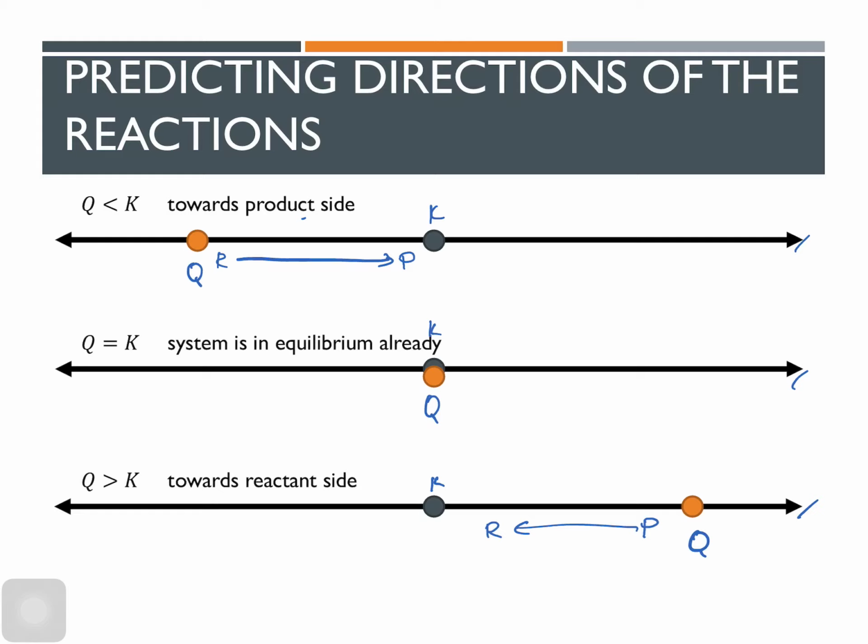That means the reaction is pointing towards the product side. If your arrow is pointing to the left, that means the reaction is going to the reactant side. However, if they are on the same spot, there's nothing to do anymore because the system is already in equilibrium.